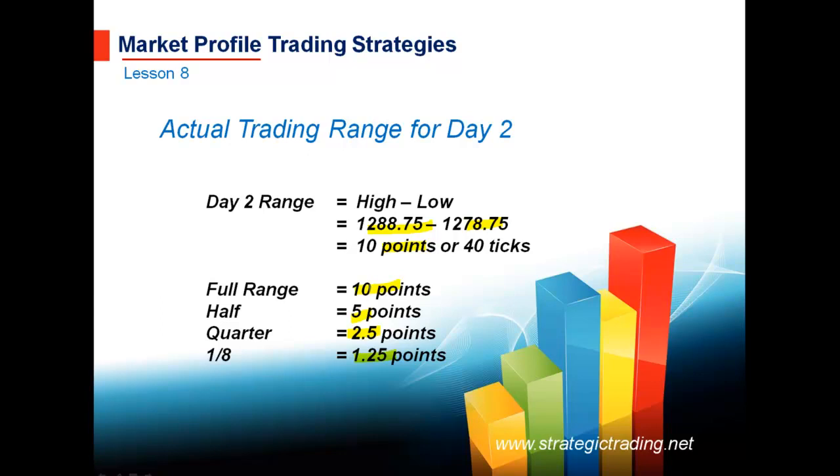The reason I want you to look at the different pieces of the range, this will come into play in our analysis in terms of determining a strength of a move, and then sometimes we will also see ranges that are built up. We're getting a 1/4 and 1/8 of a move, or just a half and an eighth. This helps us to sort of gauge the momentum and the power of the moves.